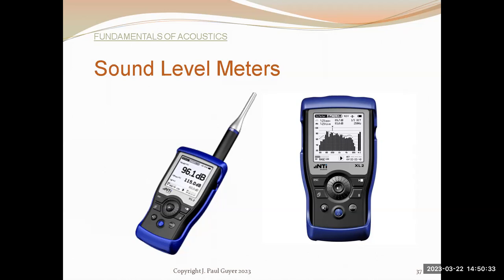Well, so right at the start, you need to find out what is the sound level that is being produced in the source room. And you do that by measuring it with a sound level meter that looks kind of like what you see here.